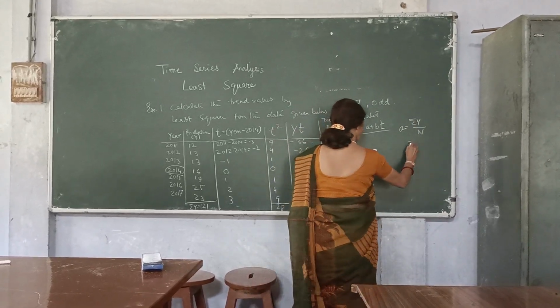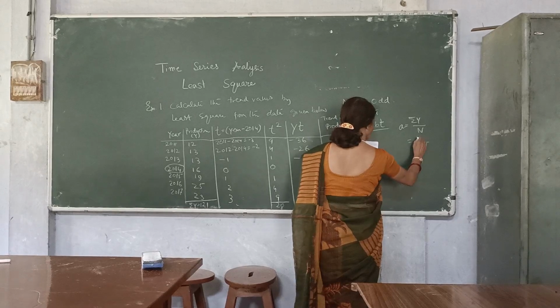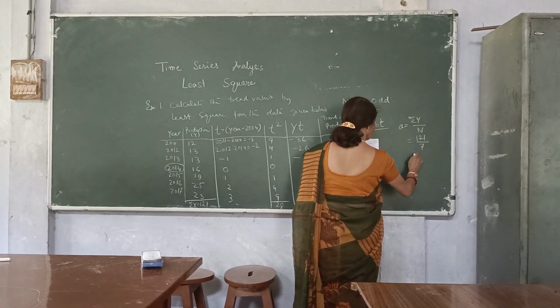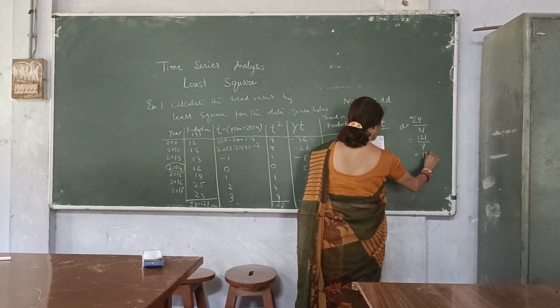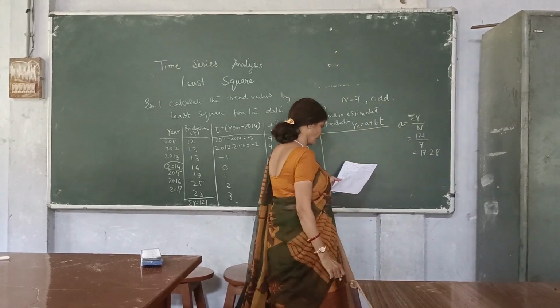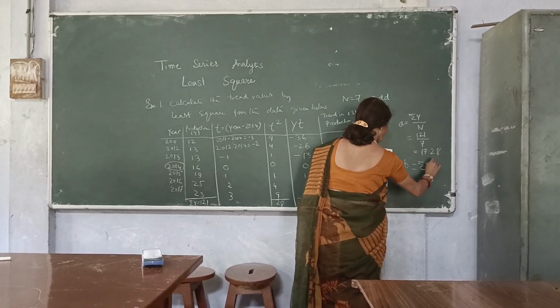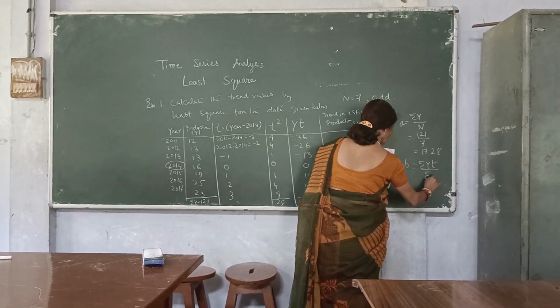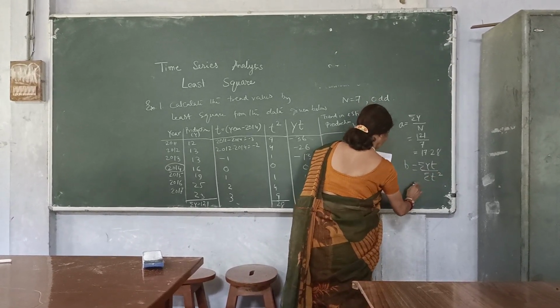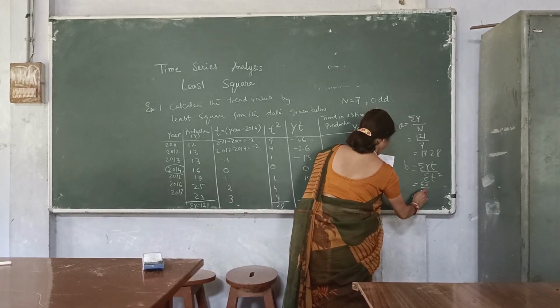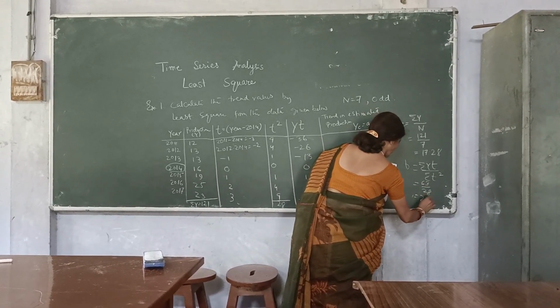So summation of y is how much? It is 121 by 7. So it is 17.28. And b is summation of yt by summation of t square. So it is 63 by 28 equal to 2.2.